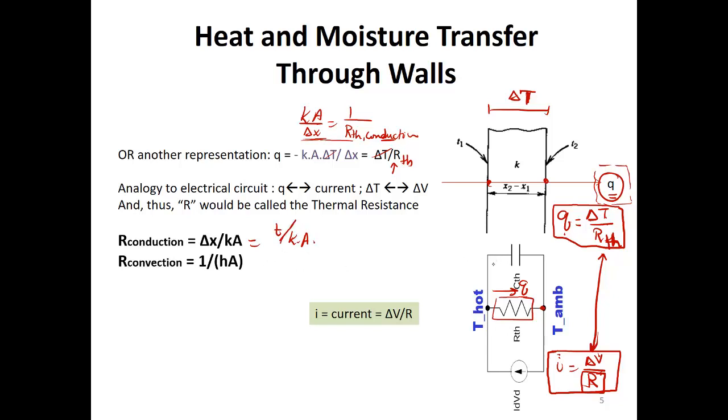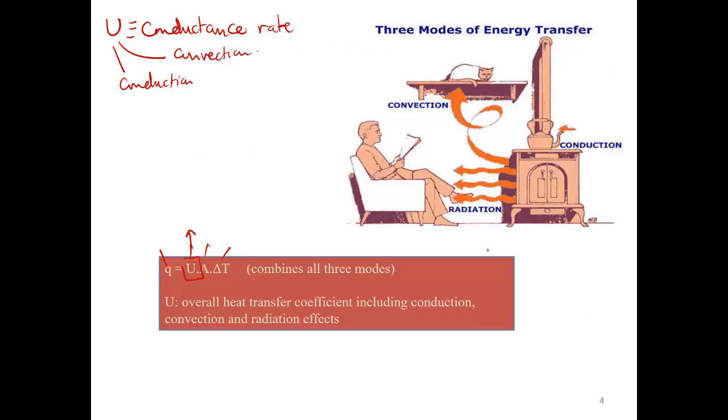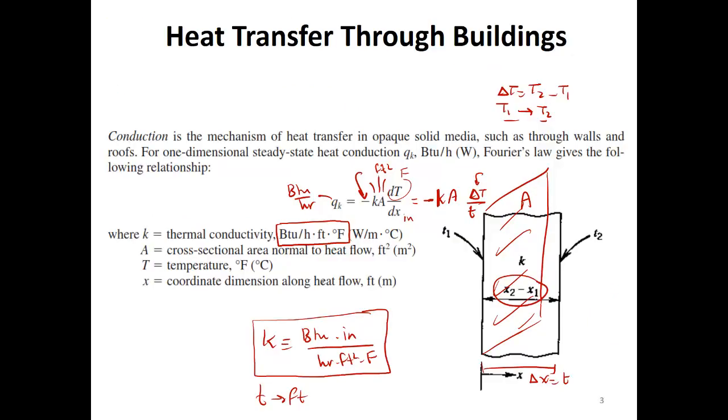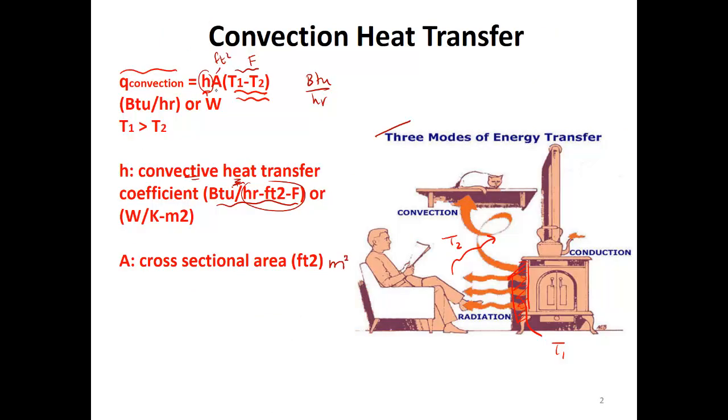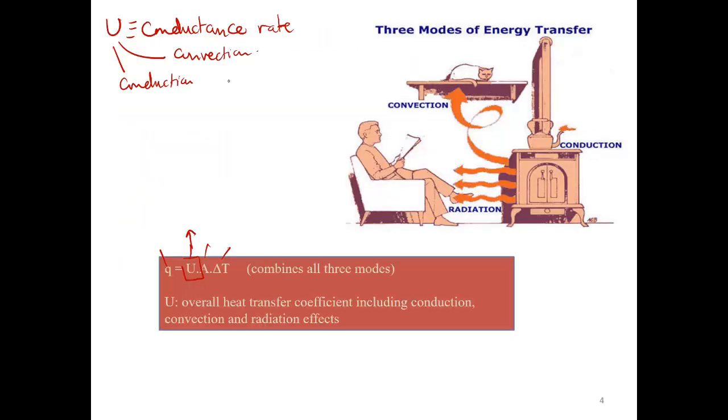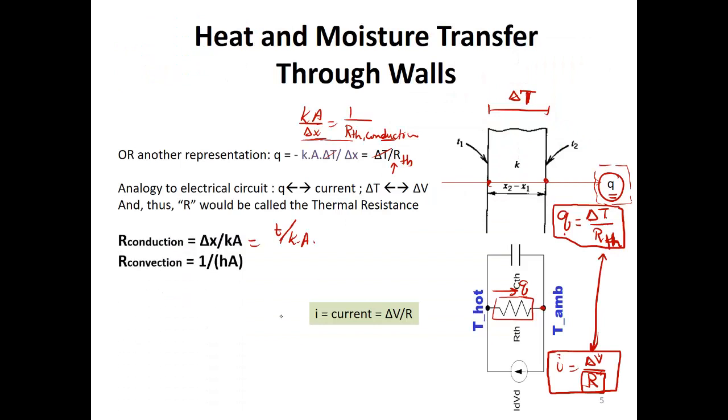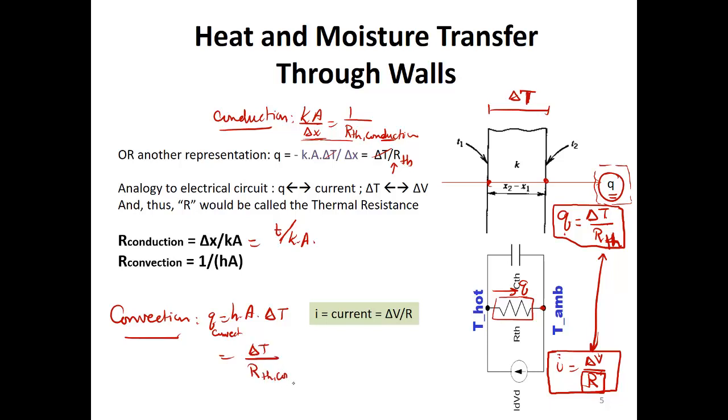The same goes for convection. In convection we said, if you go back to this equation, Q equals hA delta T. We want to write this as delta T over R thermal, but that's for convection.